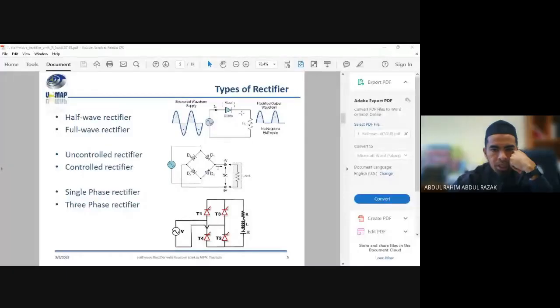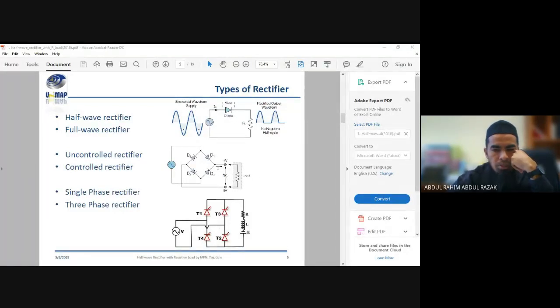Okay, next slide. You can see the composition of the circuit over there. Okay, inside your printout slide itself, we have a composition of the circuit.